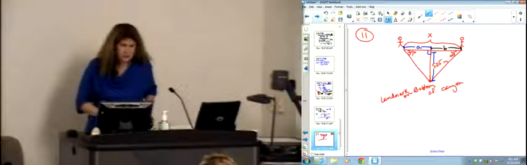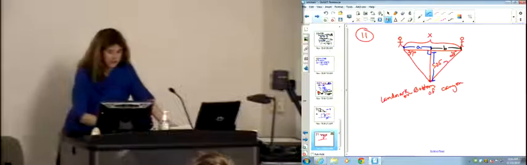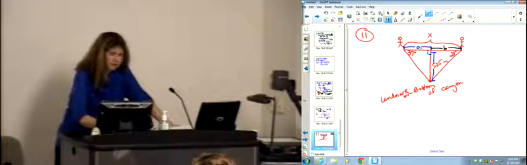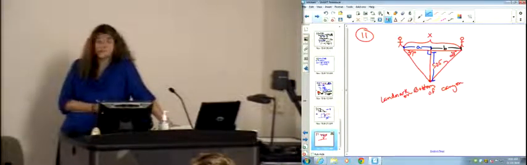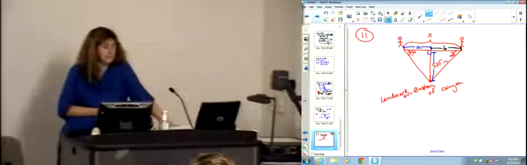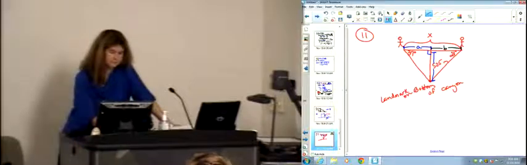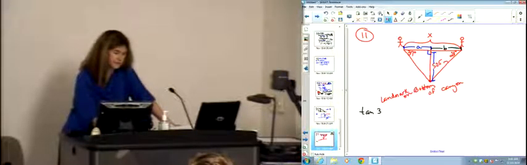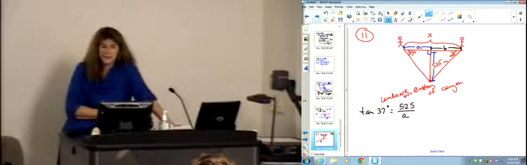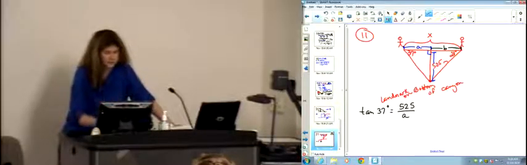So for the first part, we've got to use that 37-degree angle, that 525, and side A. What trig function are we looking at there? The tangent of 37 degrees is equal to the opposite side over the adjacent side. That would give us that piece A up there.